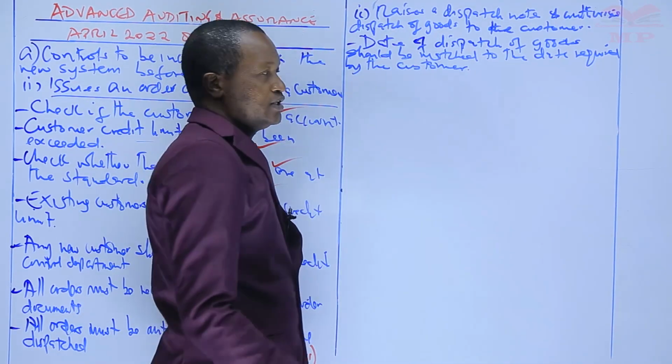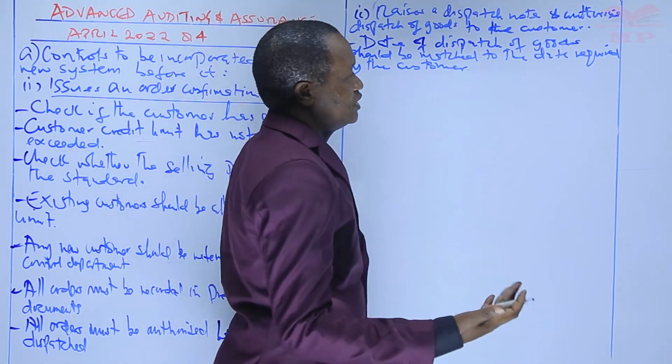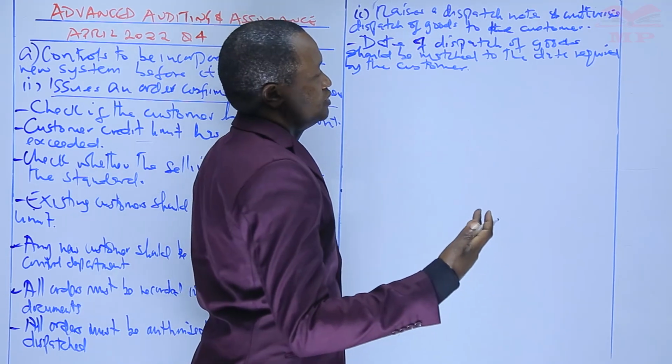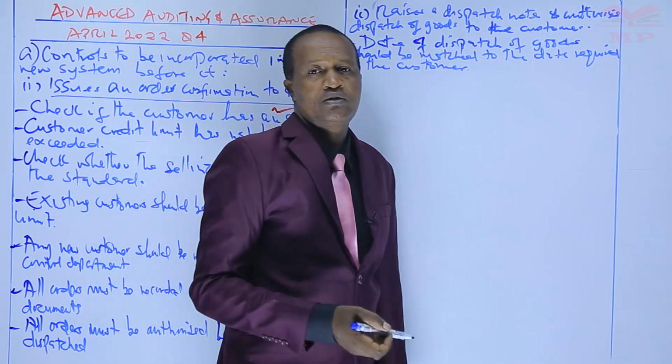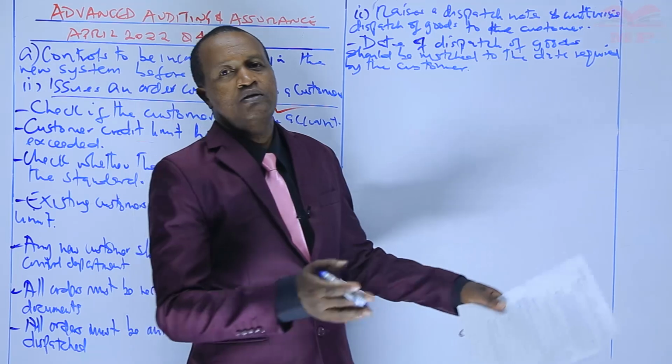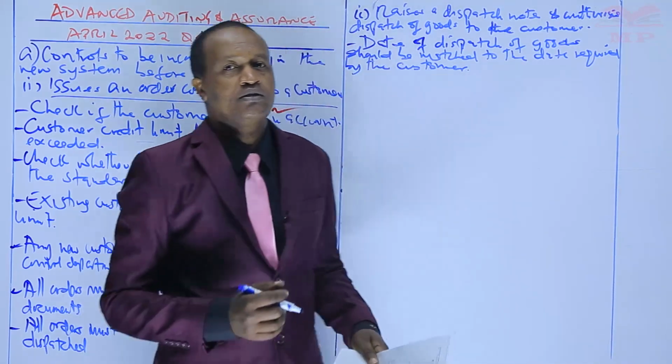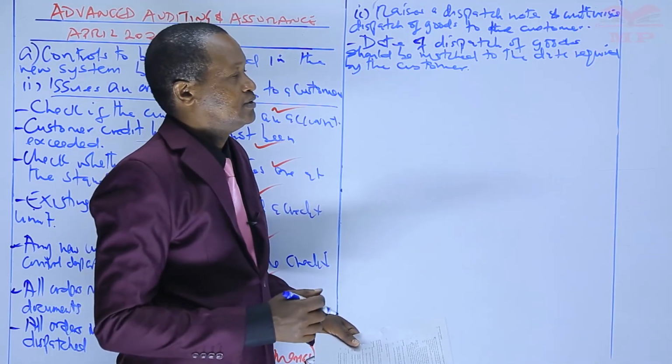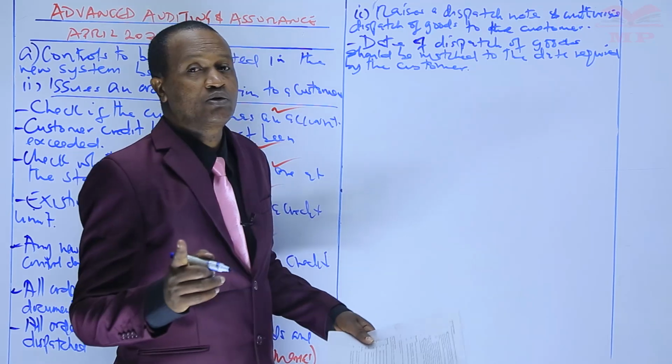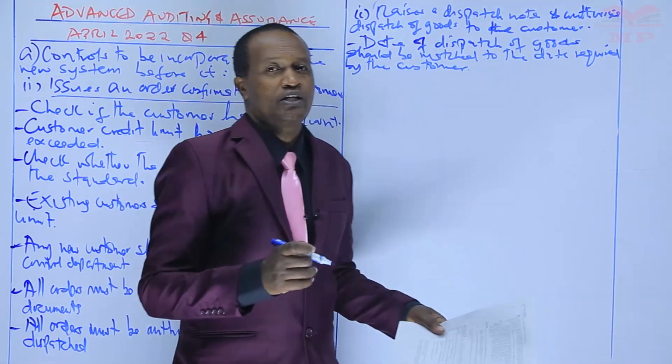If the customer has said, send to me the goods on 30th July, then the goods should not be dispatched on 25th July.